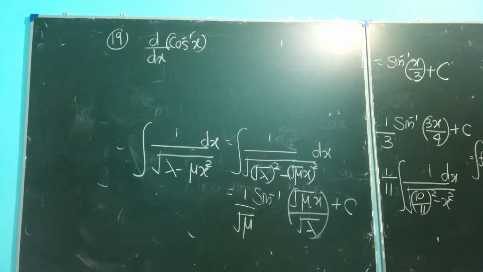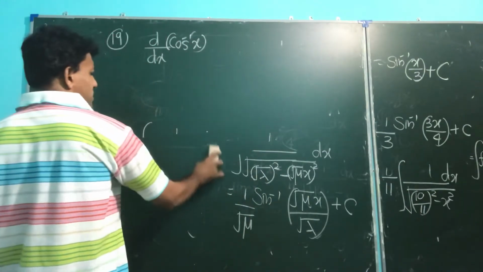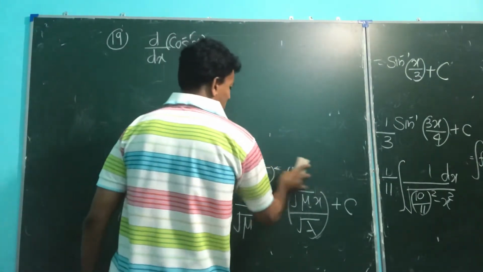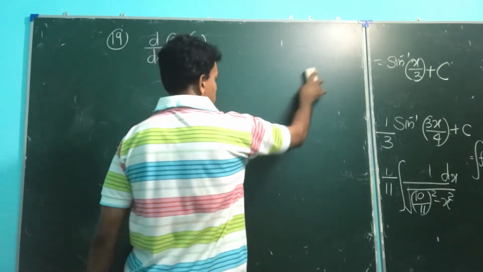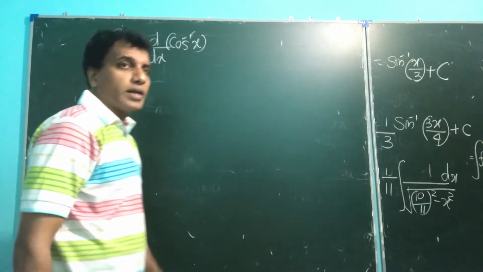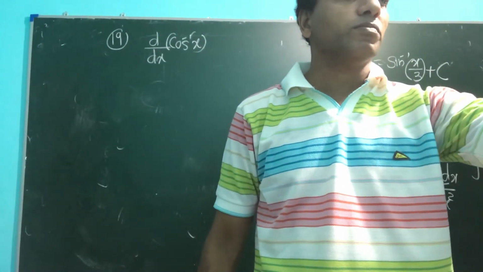Cos inverse integration, what is that? Minus 1 over, no? The same answer, right? Therefore, sine inverse and cos inverse give the same answer, numerically the same in modulus. But there's a plus minus symbol there.